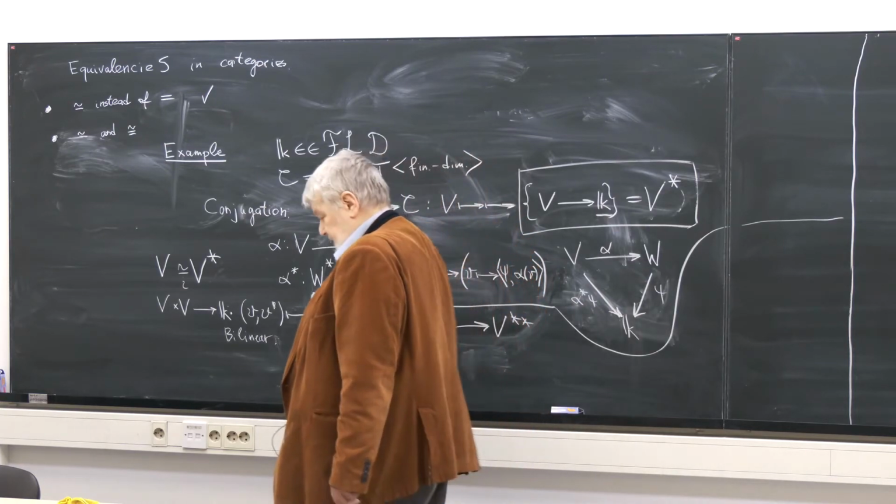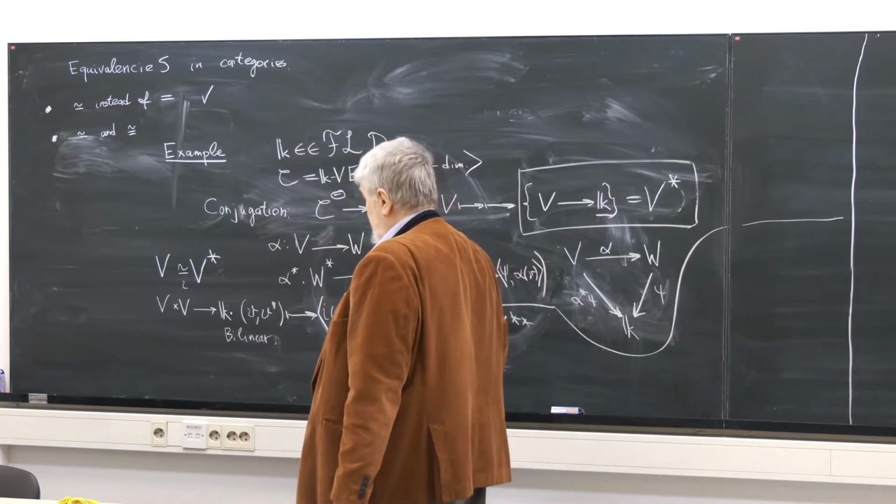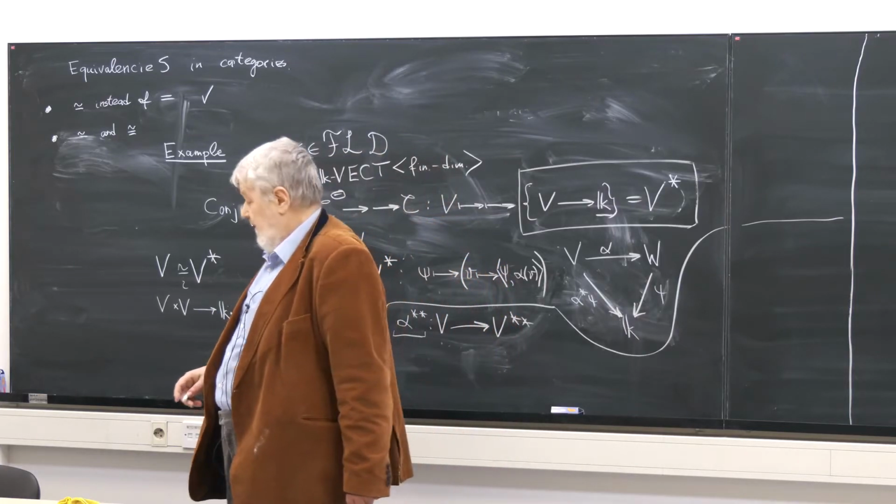The arrows are turned again, so it is a functor, and it is naturally equivalent to the identity functor.